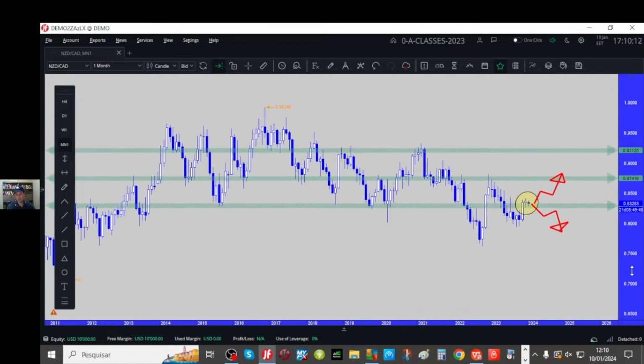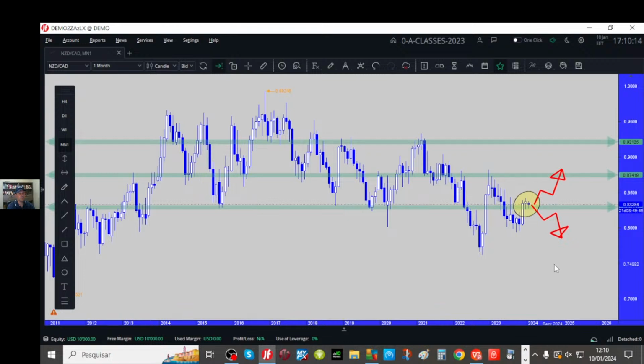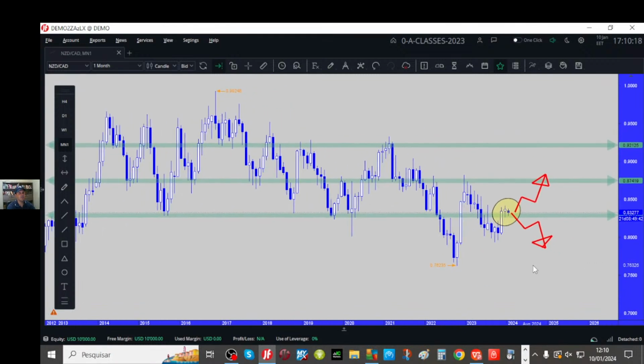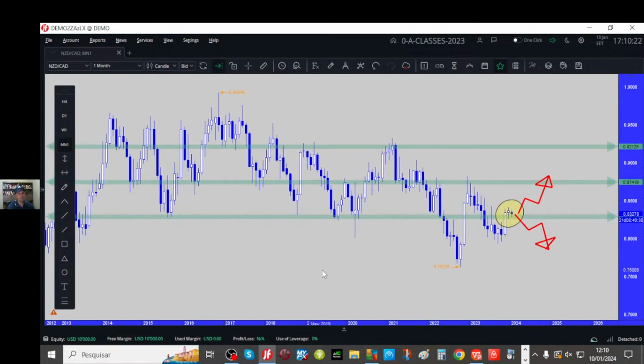Hedge fund trader Clara, hedge fund trader Shola, hedge fund trader Daniel, hedge fund trader Ala, hedge fund trader Singh, hedge fund trader 4K, and everybody else. What's the plan? Are you trying to buy NZD or are you trying to sell NZD?